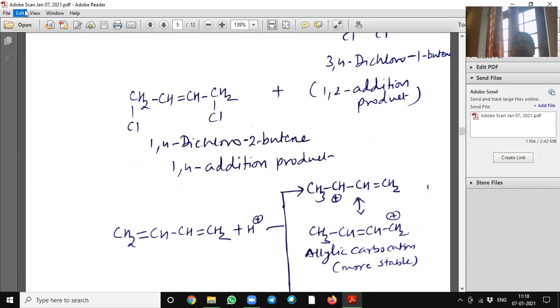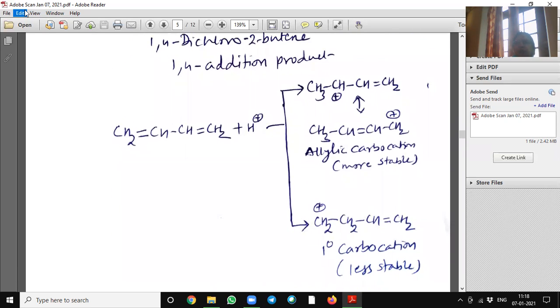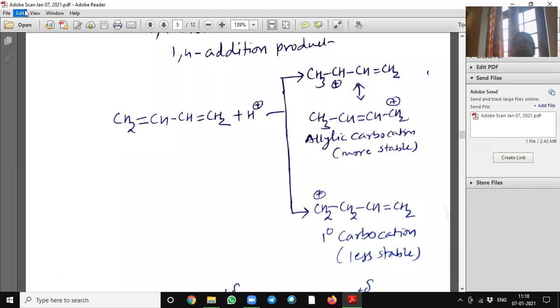This production of the 1,2 addition product and 1,4 addition product depends upon the temperature. So see here how this 1,2 addition and 1,4 addition product occur. When protonation is done, it forms an allylic carbocation.